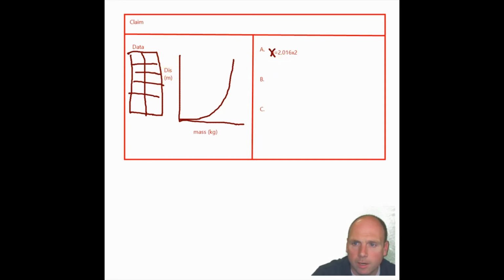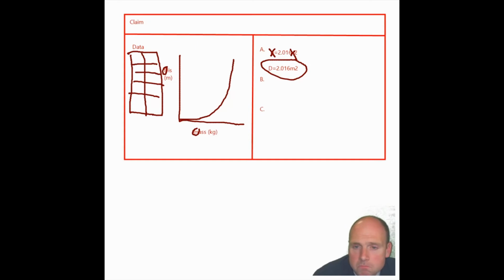So I'll write distance equals 2.016, and it's not x, it's mass, m squared. So it's not x, cross off x, no x, it's m for mass. So I took the first letter of each of the things and made it a variable, and that got my math model.